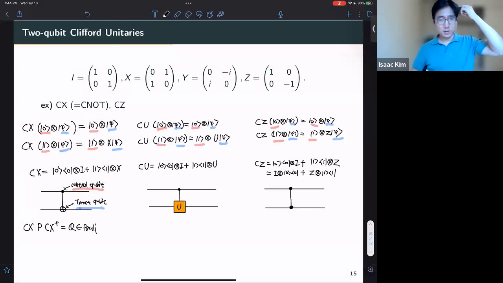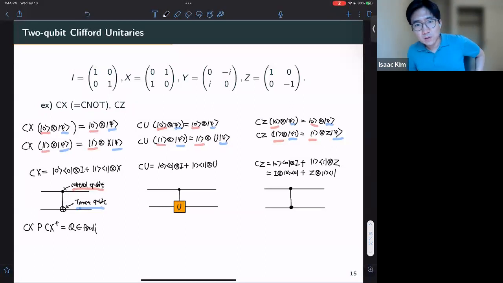And of course, you could in principle write down everything in terms of 4x4 matrices and check them very explicitly, but that's just a lot of work and it's very annoying. So for these controlled unitaries, it's often very helpful to look at their action on the basis states. So let me give you an example.